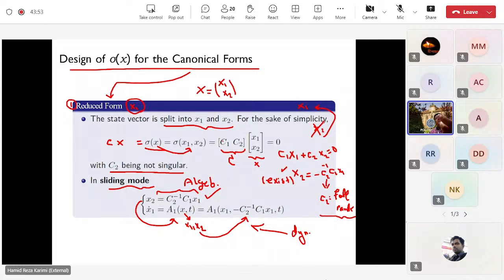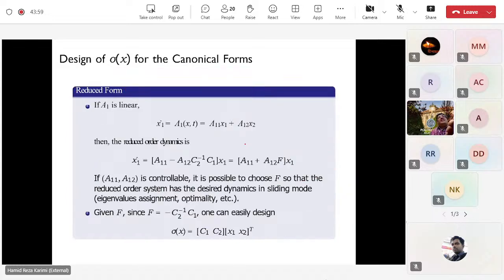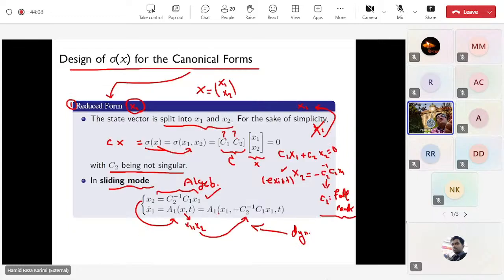Now you see that the task is very simple. You just need to find C1, C2, and therefore the question is how to find these matrices. In the reduced form, if A1 is linear, so that is a function of A, x and t.